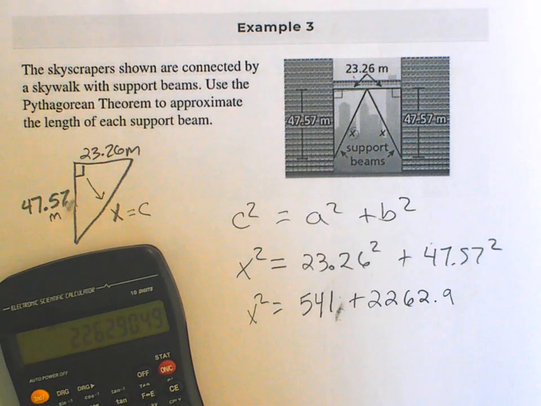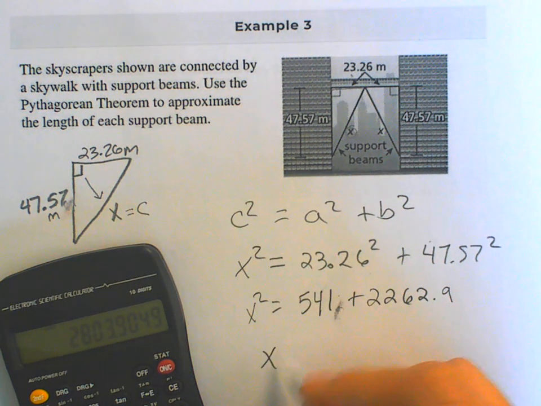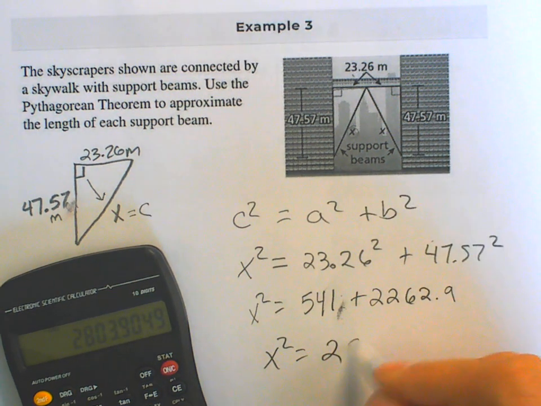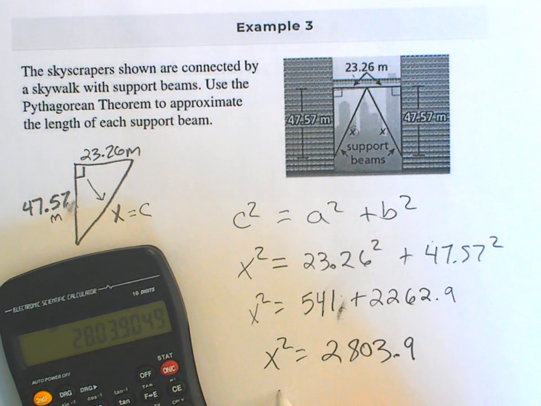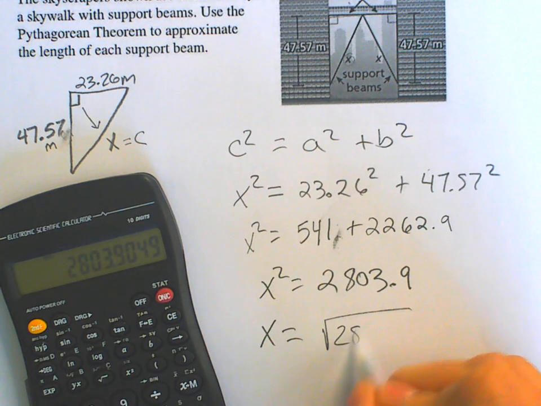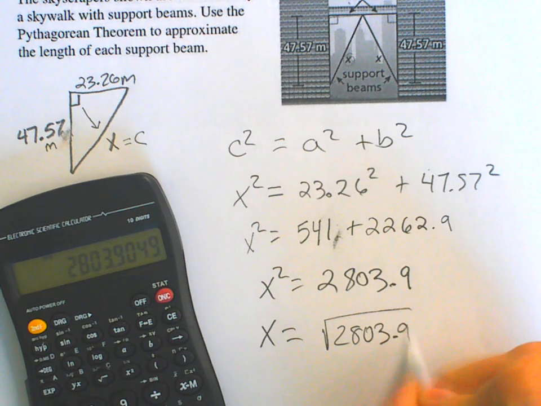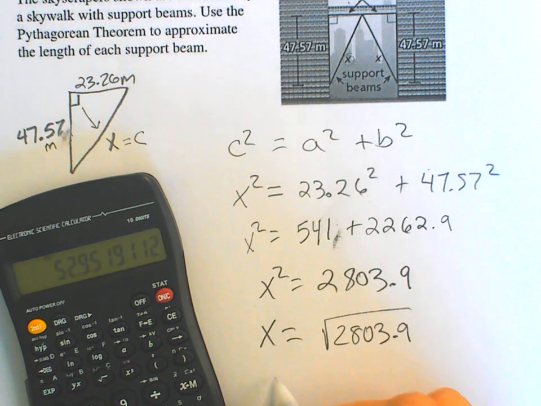All right, so we're going to add those two together, and I'm going to get x squared equals 2,803.9. Now I could just leave that number, and then when I take the square root of that number, 2,803.9, square root to the nearest tenth should be about 52 point.